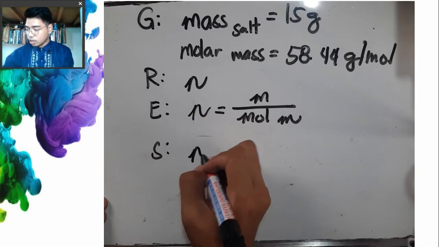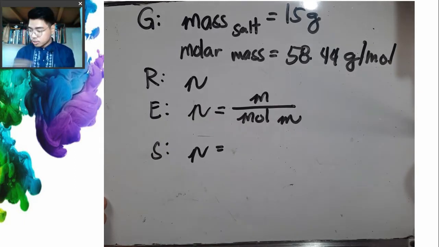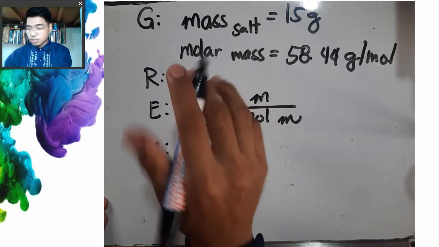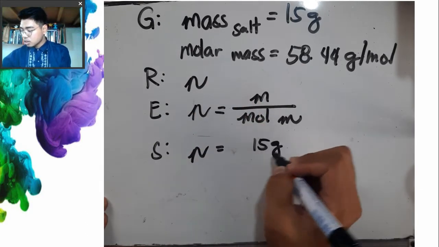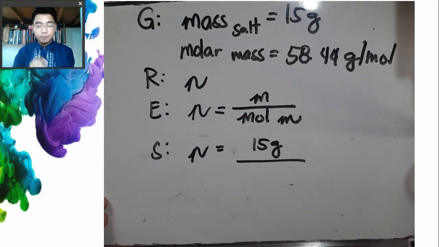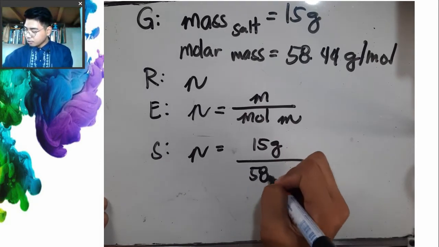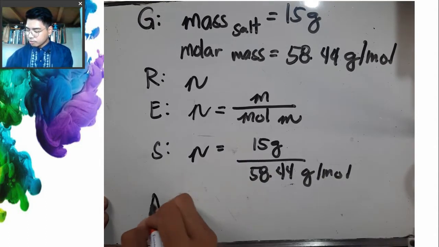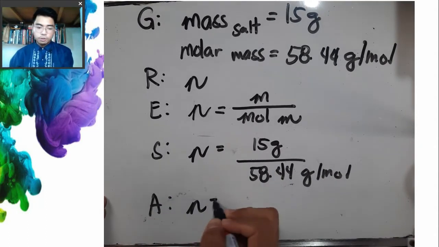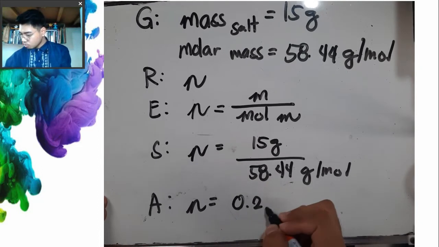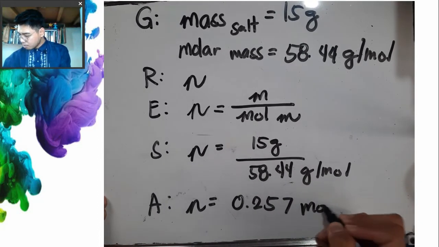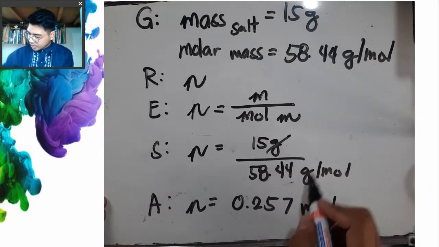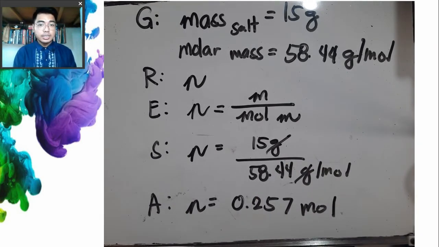Then for the solution, the number of moles is equivalent to the mass, which is 15 grams, over the value of the molar mass, which is 58.44 grams per mole, which will give us the answer of 0.257 moles. Okay, since we are going to cancel the grams, the unit that will remain in this equation would be moles.